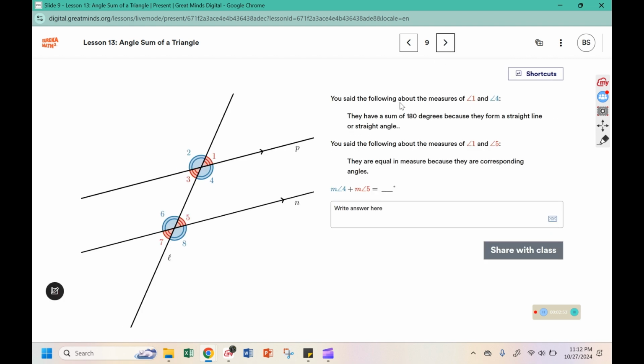So if 1 and 4 form a 180-degree angle, and 1 and 5 are the same or equal, if I swap out this angle 1 with an angle that is equal to it, 5 plus 4 must also equal 180 degrees.